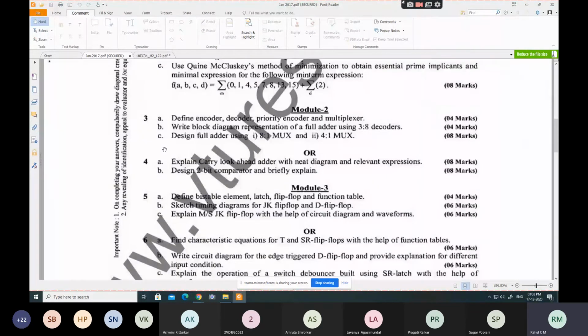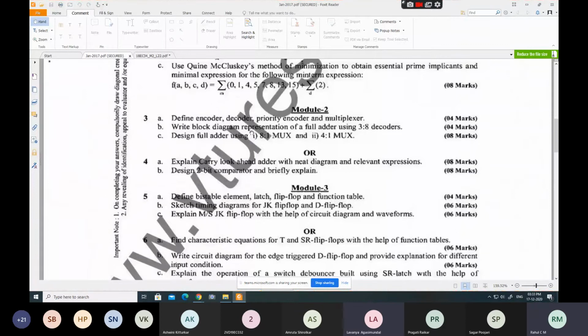Lavanya, what is a decoder? It's a circuit which selects one output among 2^n outputs.